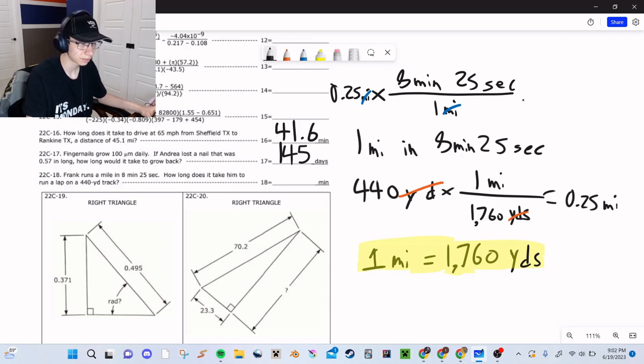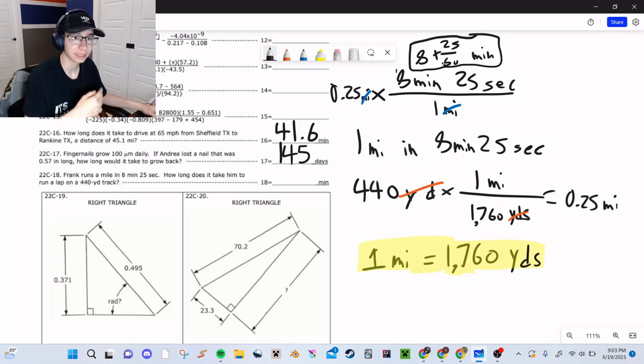to get my answer. And so I want to change this time to all be in minutes. So 8 minutes, 25 seconds is going to be the same as 8 plus 25 over 60 minutes. Each second is 1/60th of a minute, so it's like 8 minutes and then 25/60ths of a minute added on.